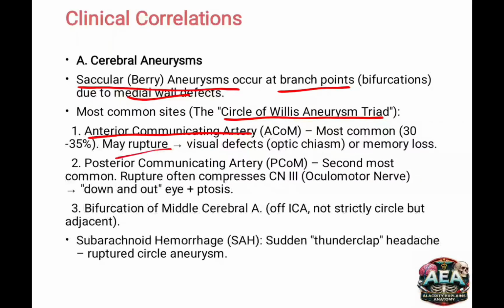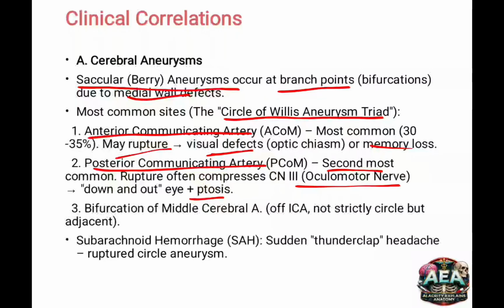This aneurysm may rupture, causes visual defects. Remember, we said that the circle is surrounding the optic chiasma, so this could result in visual defect or memory loss. Now, the second most common site is the posterior communicating artery, and rupture often results in compression of oculomotor nerve, causing a down and out eye movement plus ptosis.